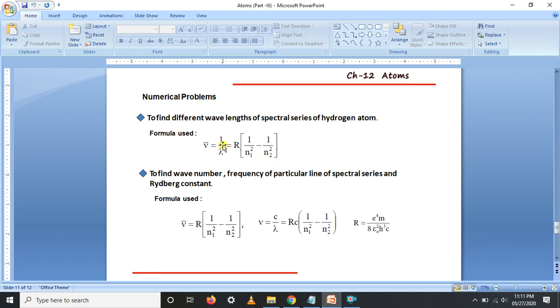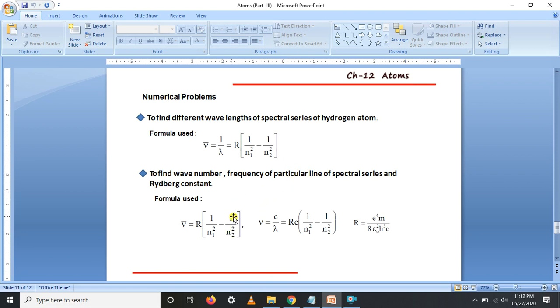This is a very important formula in the atoms chapter, and these equations are very important. After that it is very easy to solve the problems.